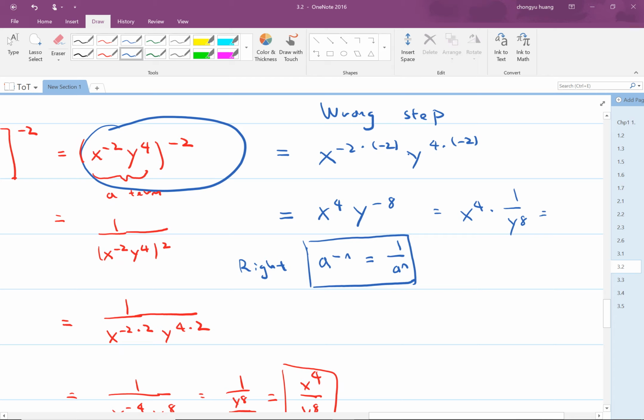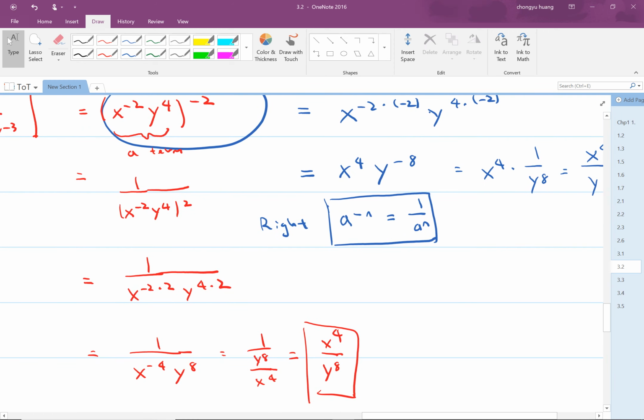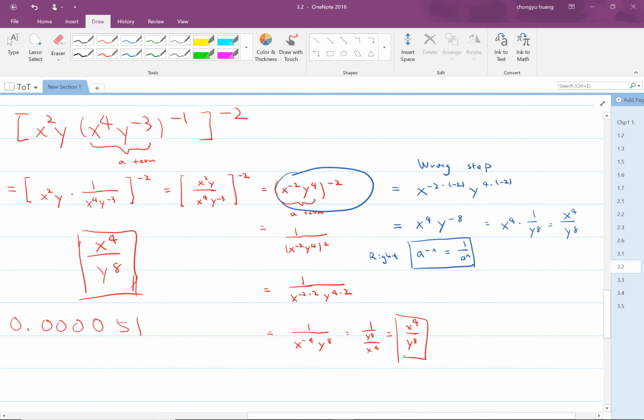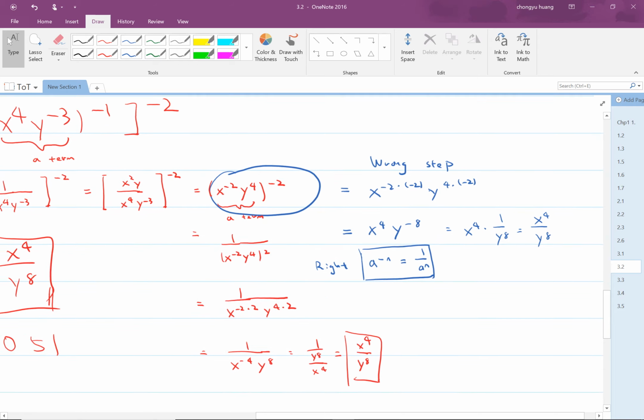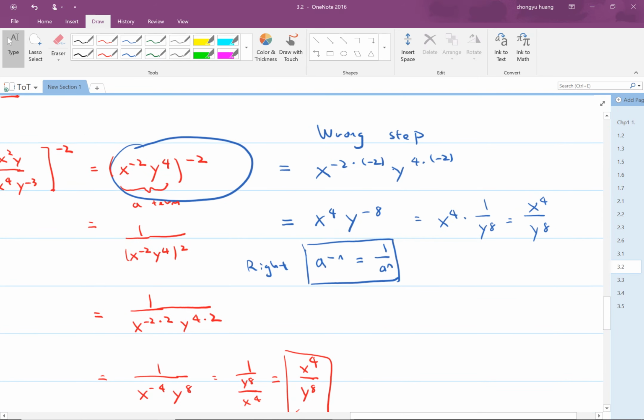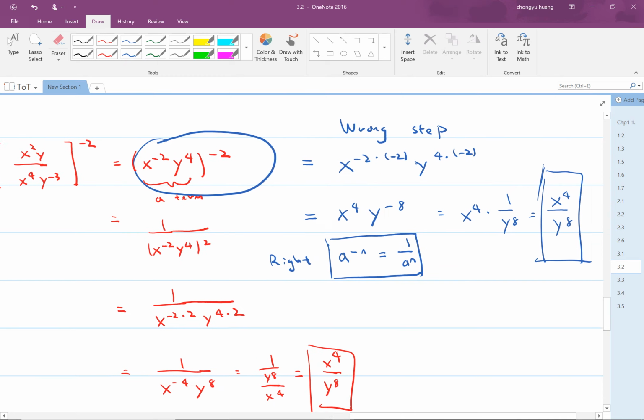So it basically becomes x to the power 4 over y to the power 8, which is exactly the answer we're seeking, right? So actually this step is right after we tested it. I think I made a mistake over here, because both ways are okay.